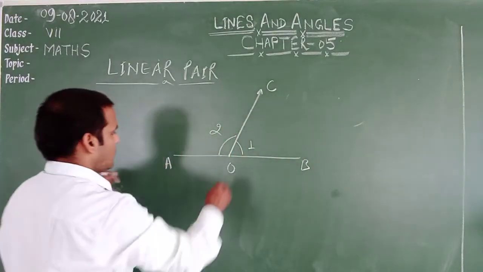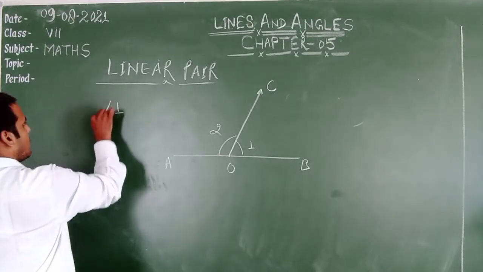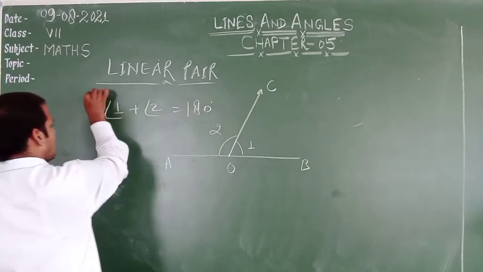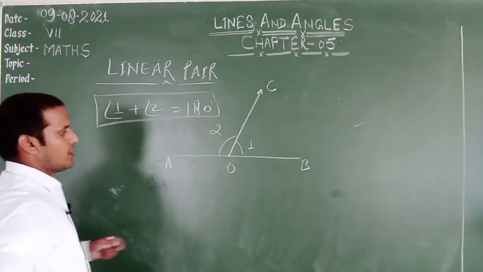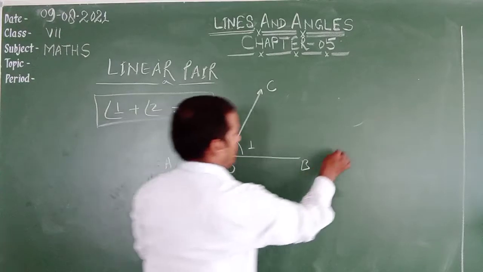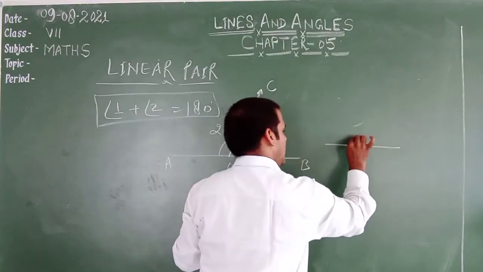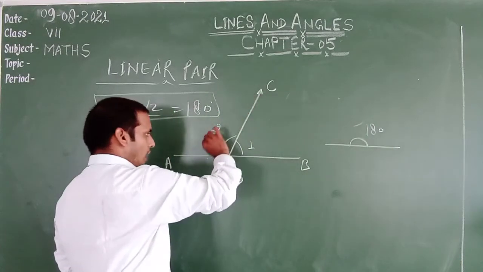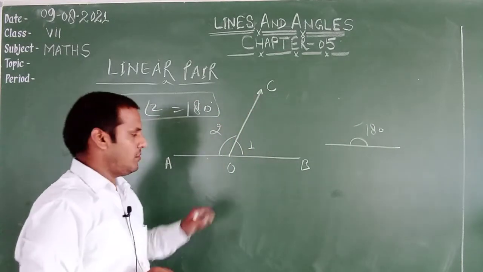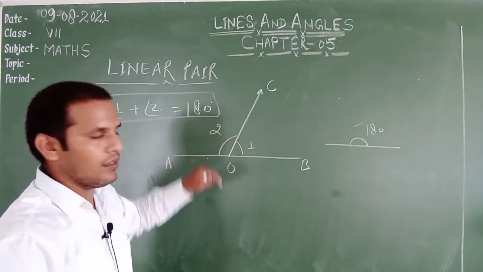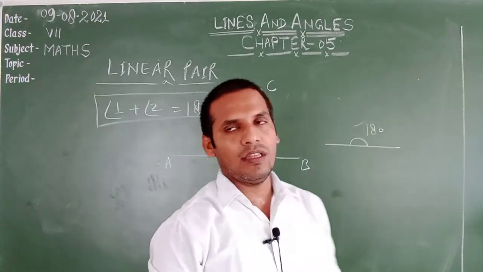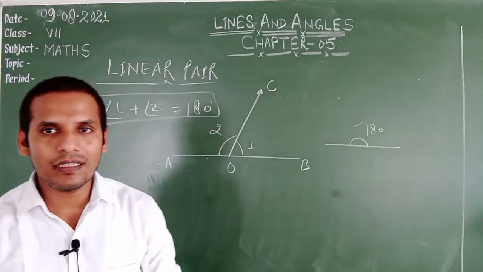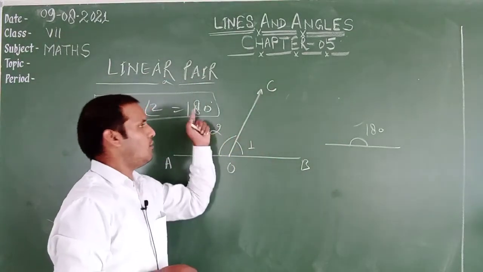So if angle 1 plus angle 2 is 180 degrees. AB is a straight line, and we know a straight line always makes 180 degrees. All the angles on this line, when we add them, sum to 180 degrees. But in a linear pair, we always consider two angles whose sum is 180 degrees.